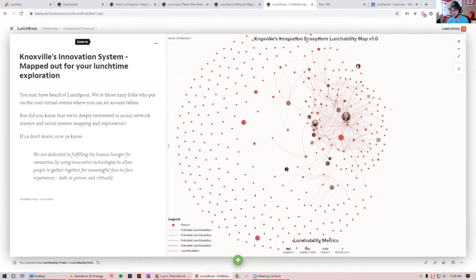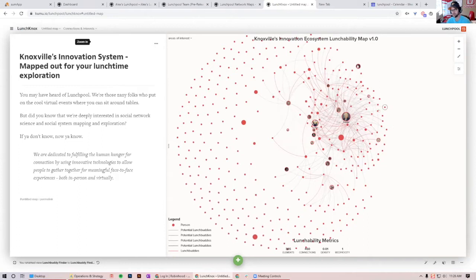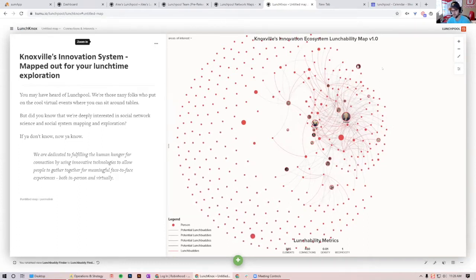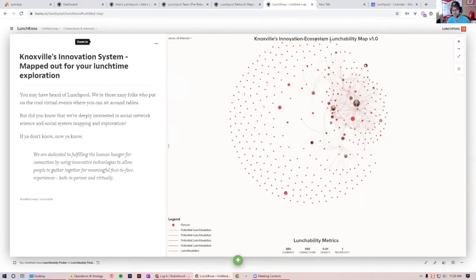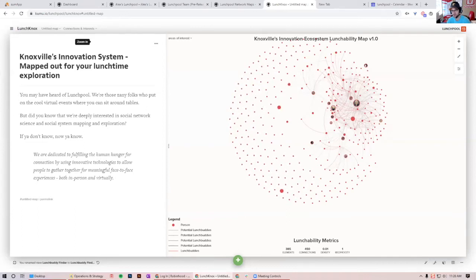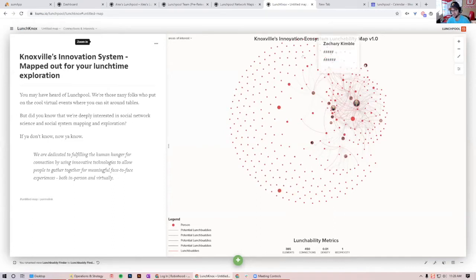I used that as a starting point and reached out to everyone and said, hey, I've got this new tool. Would you like to be a part of it? These are the ones that said they wanted to opt in, but they haven't filled it out yet. So all these people should, in theory, be part of this connective map. They just haven't. I need to send a follow-up email to get them included.